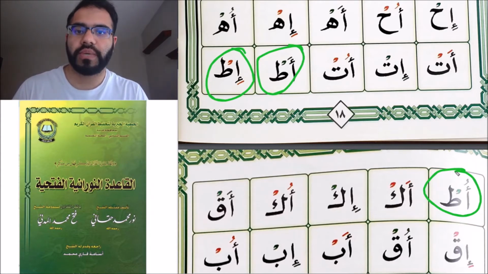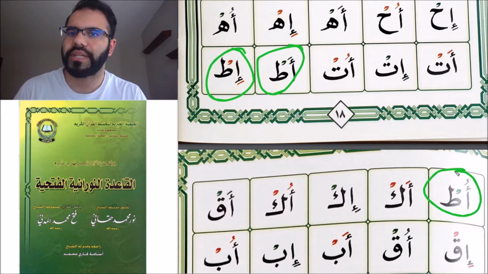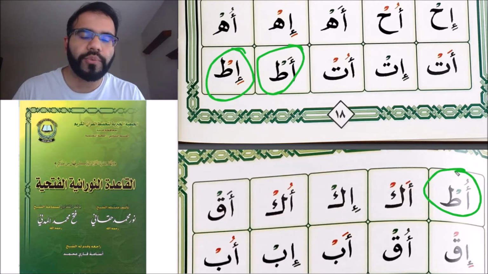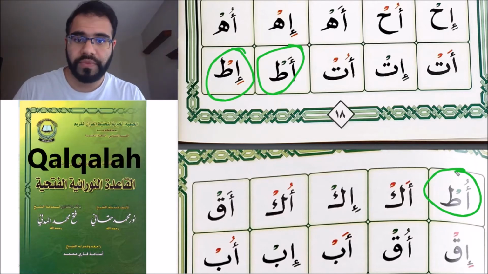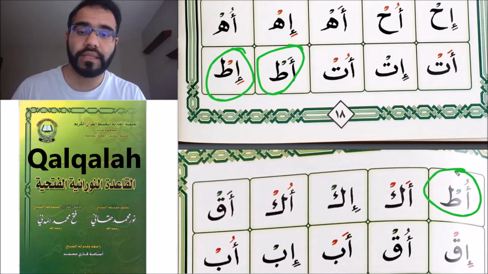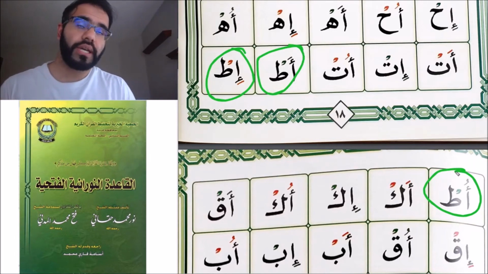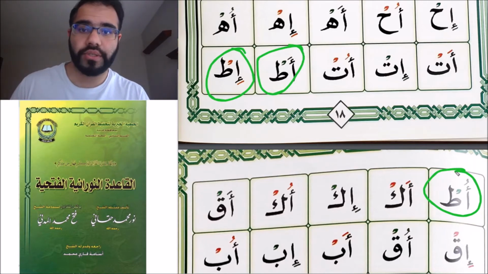Now, ta is a special letter because it is a letter that if there's a sukoon on top of it, you're going to put a little bit of a bounce on it once you've connected it. A little bounce, a little bit of an echo. We call that qalqalah. I'm kind of jumping the gun here. I will talk more about this rule, qalqalah, in the next lesson. But for now, the way that you would basically pronounce these three letters would be with a little bit of a bounce. So let's go ahead and give it a shot.